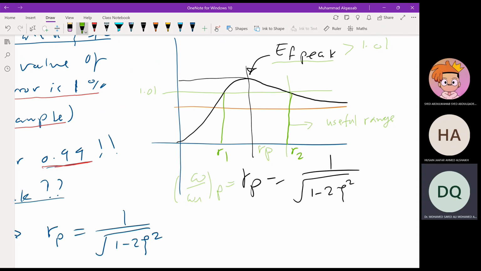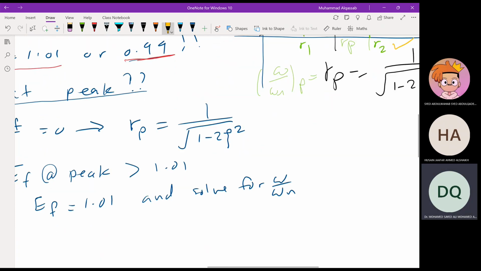If you choose R1 to be the starting of the useful range, you will have error factor greater than 1.01, which is greater than the maximum required error. So in this area here, the error is greater than 1.01, greater than 1%. So you should use R equal to R2, and then you find the frequency.